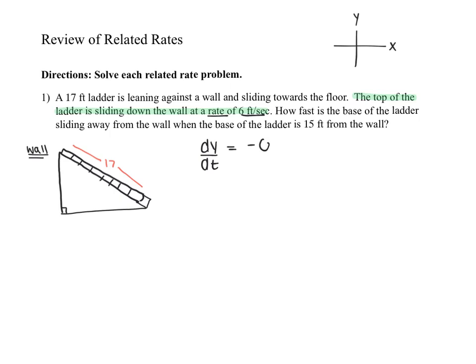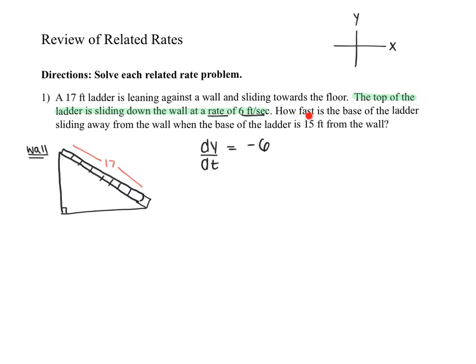And since we're sliding down, we would say it's negative. So dy dt, not dy dx, sorry, dy dt, because we're talking about a rate with respect to time. And we're going down this wall. This is the y value that's changing.